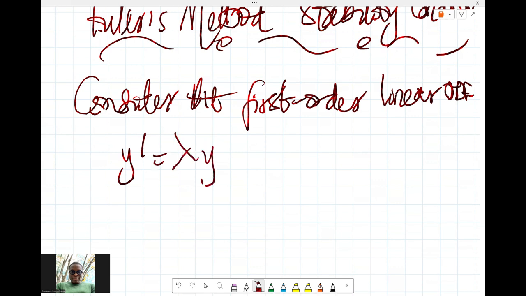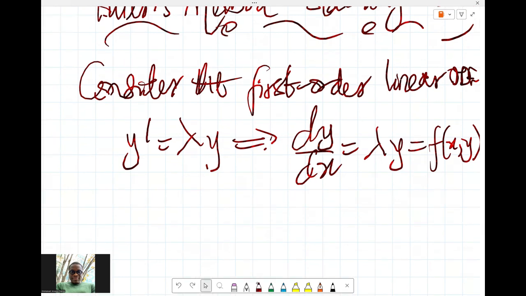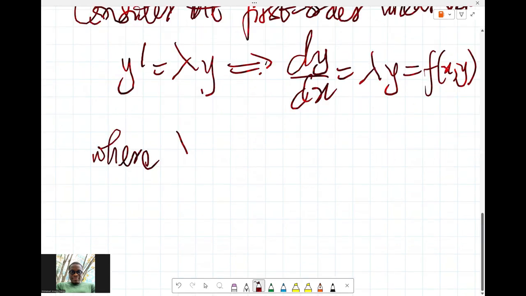We can actually rewrite this as dy/dx equals lambda y. And that's the same thing as f of x comma y, because that's the general way to write this kind of equation. So this expression is a function of both x and y, where lambda is a constant.